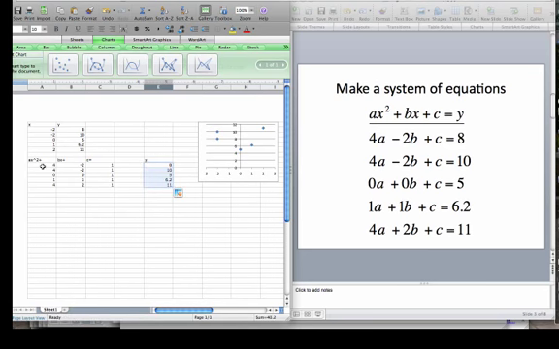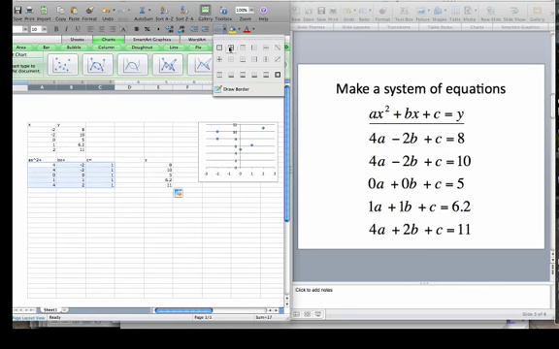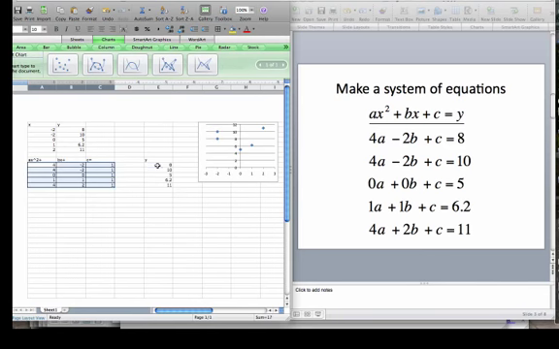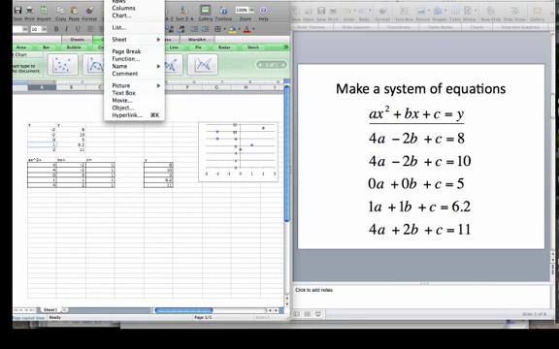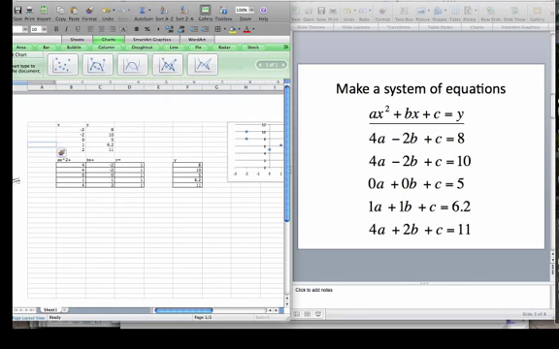Okay, now I need to label my matrix and box it. I'm going to go right here and box it. And I forgot to put in a column for my label, so let me do that right now.